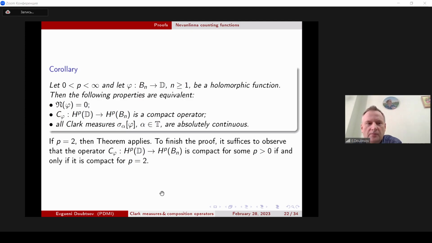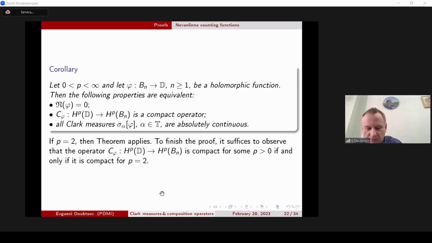Still, in terms of Clark measures, if we use Nevanlinna counting function expressions, they are somewhat inexplicit already in the disk. In several variables, they are even more inexplicit.